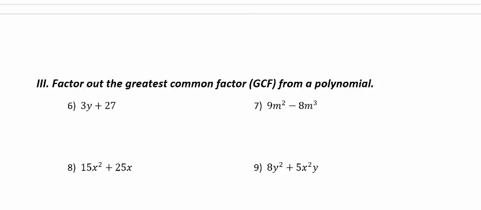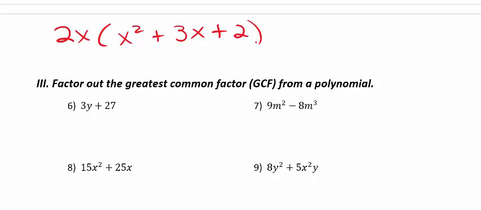Number 3, we're going to factor out the greatest common factor, or GCF, from a polynomial. But before we do that, we have to review how we multiply a monomial, like 2x, times a polynomial. Let's say we have x squared plus 3x plus 2.